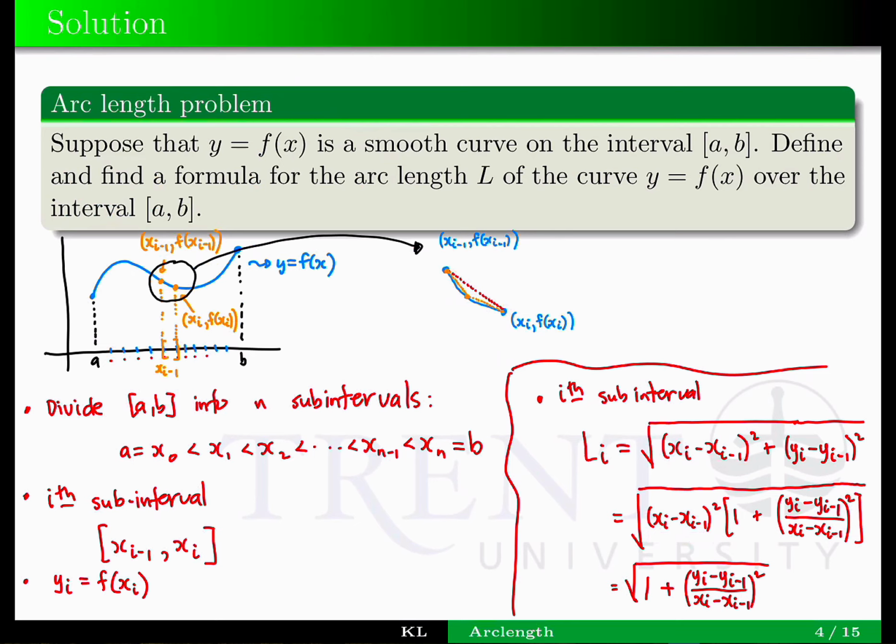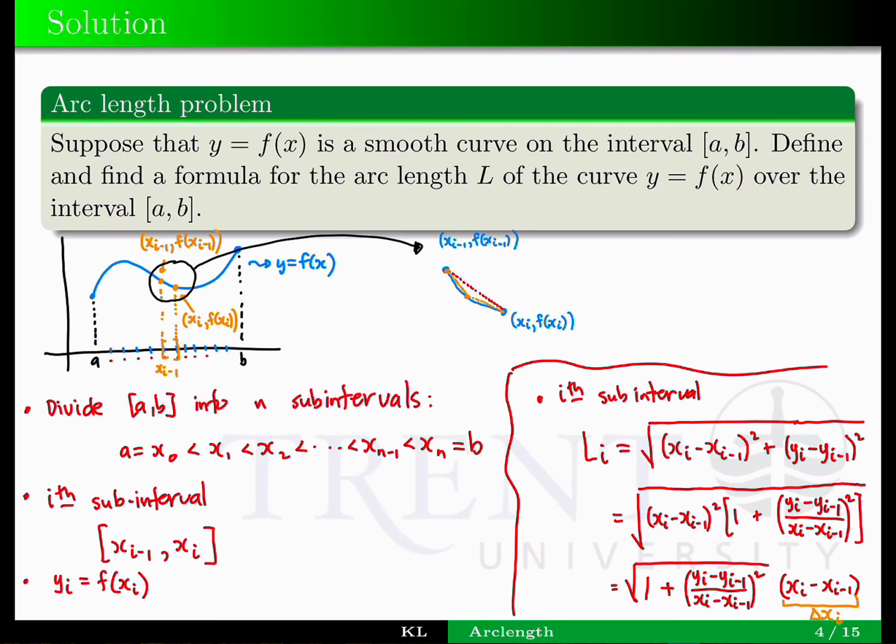And outside, we will have x sub i minus x sub i minus 1, which is just your delta x sub i. Take note, I said that we divide the interval AB into n subintervals, and it is not necessary to divide it into subintervals of equal length. So we'll just put it as delta x sub i, the length of the ith subinterval.